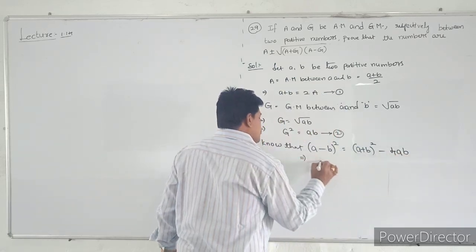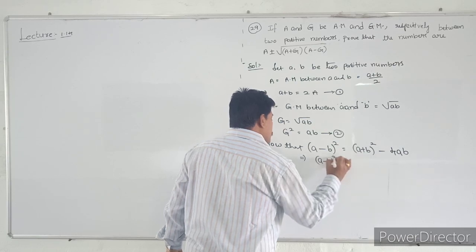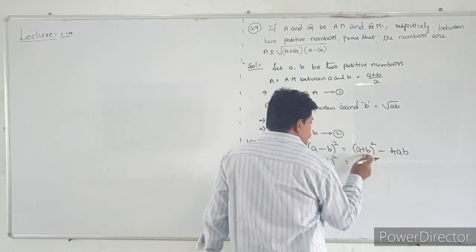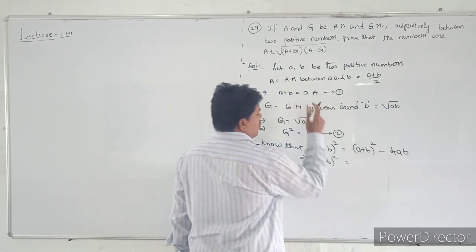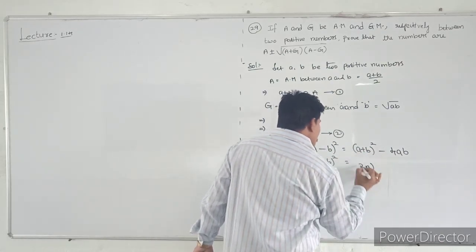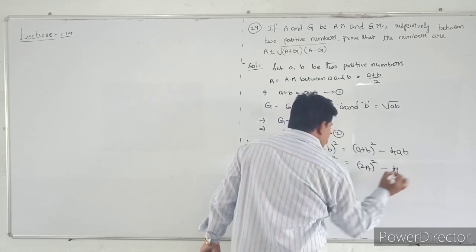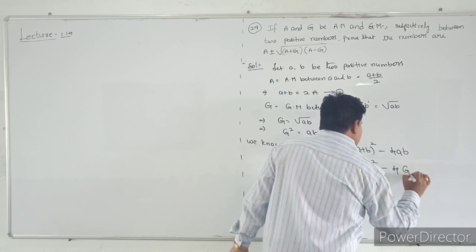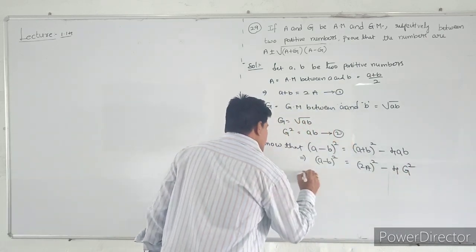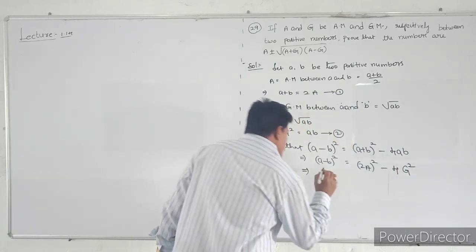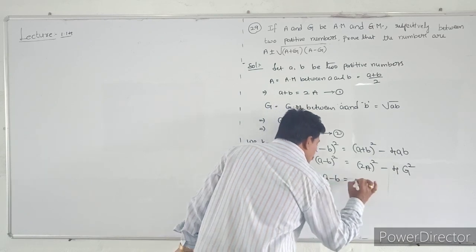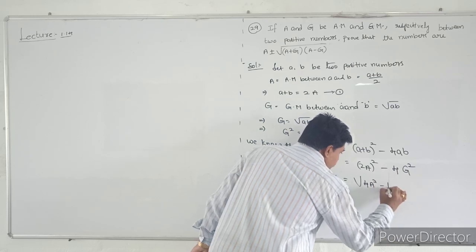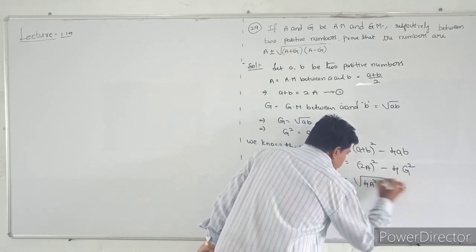So that implies A minus B whole square, A plus B value we already know, that is 2A whole square minus 4 into AB value, which is nothing but G square. So that implies A minus B is equal to square root of 4A square minus 4G square.